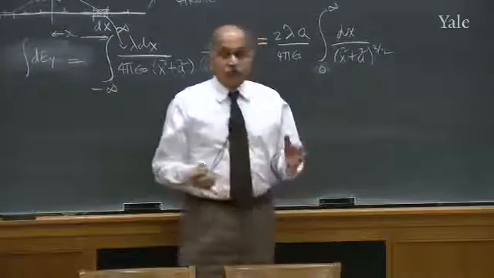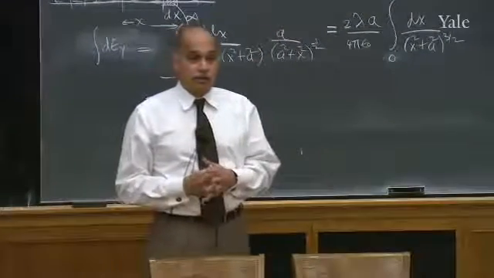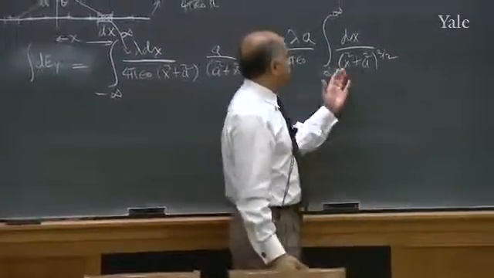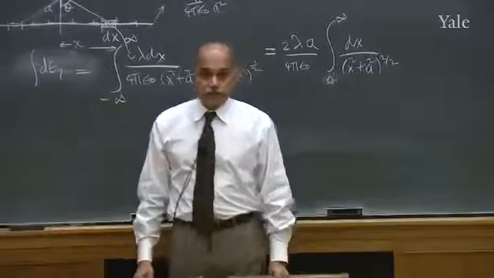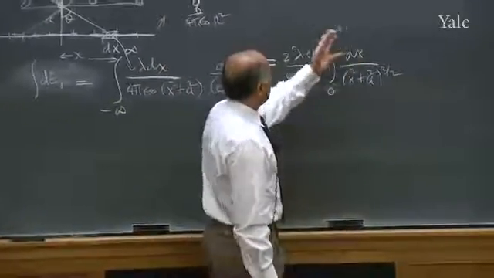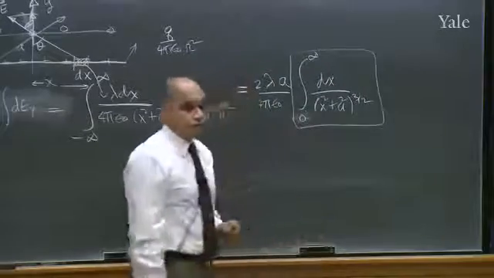But people have been guessing for hundreds of years, and there are big tables of integrals with all the integrals you want. But you should still be able to do some integrals from scratch, and I'm going to tell you how to do this one. But before you do the integral, you've got to have some idea what the answer is going to look like. I want you to get some feeling for this.